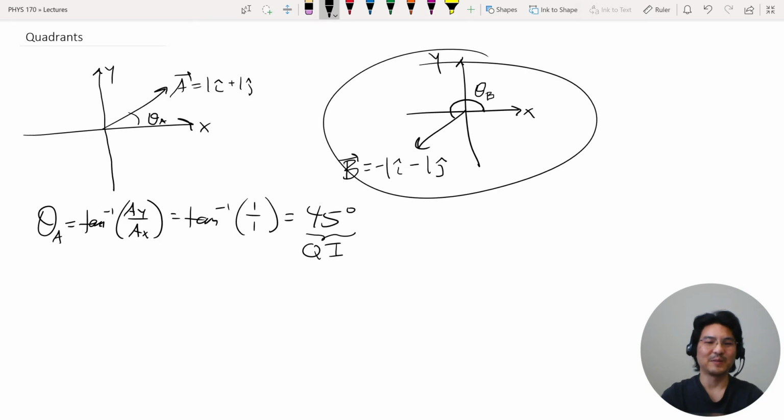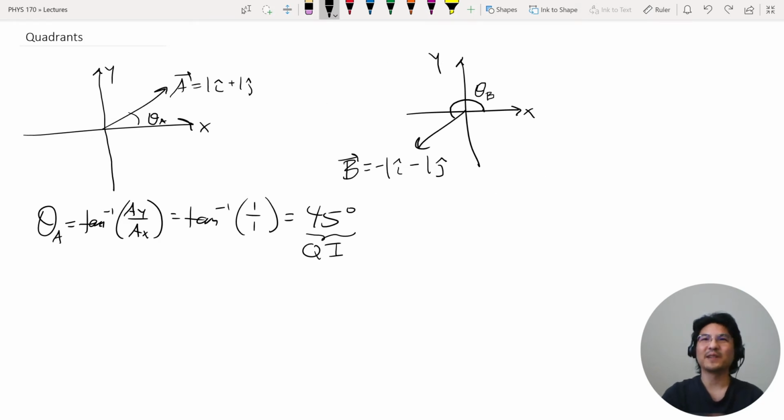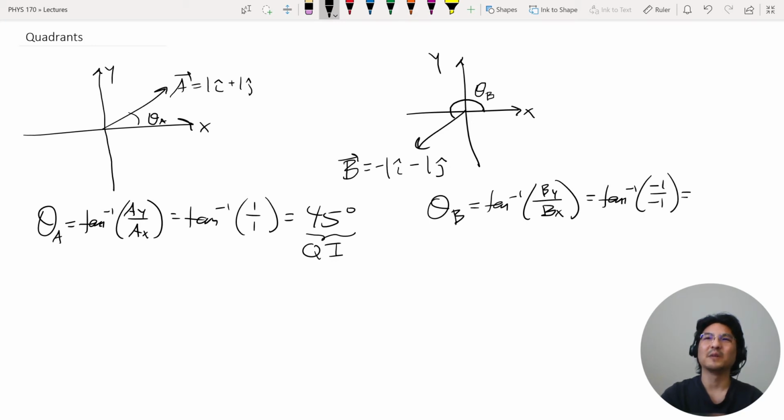Okay, how about this example now? We have the x component negative and the y component negative. If you just look at the picture, the answer is supposed to be here in quadrant 3. But when you punch into your calculator arctangent of by over bx, the calculator will tell you 45 degrees, which is in quadrant 1.